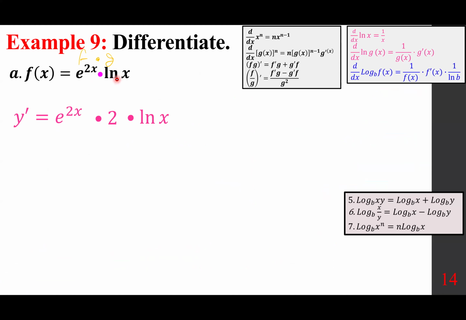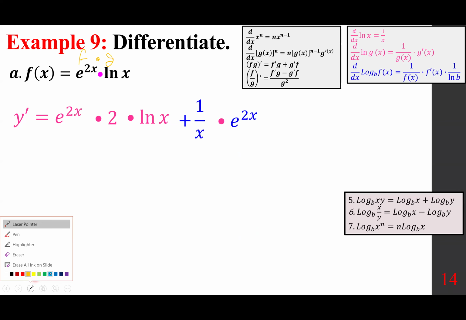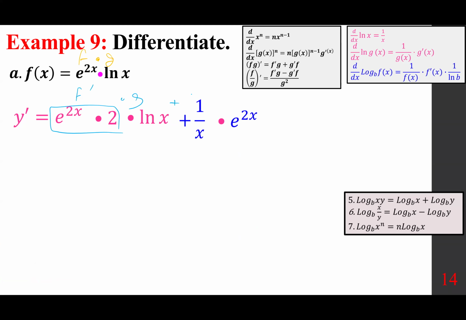The derivative of ln x is 1 over x times f, e to the power of 2x. So what we are looking at is f prime g plus g prime f. Take out the common factor of e to the power of 2x, and the final answer is e to the power of 2x times 2 ln x plus 1 over x.